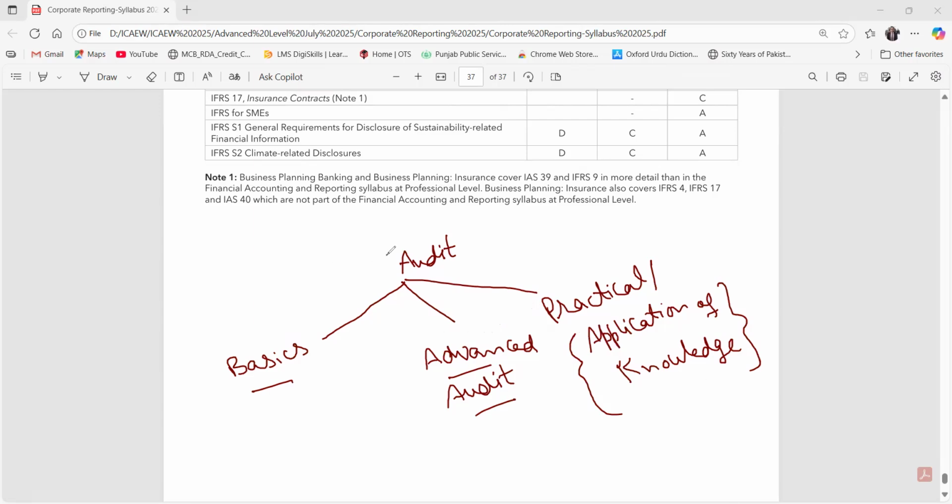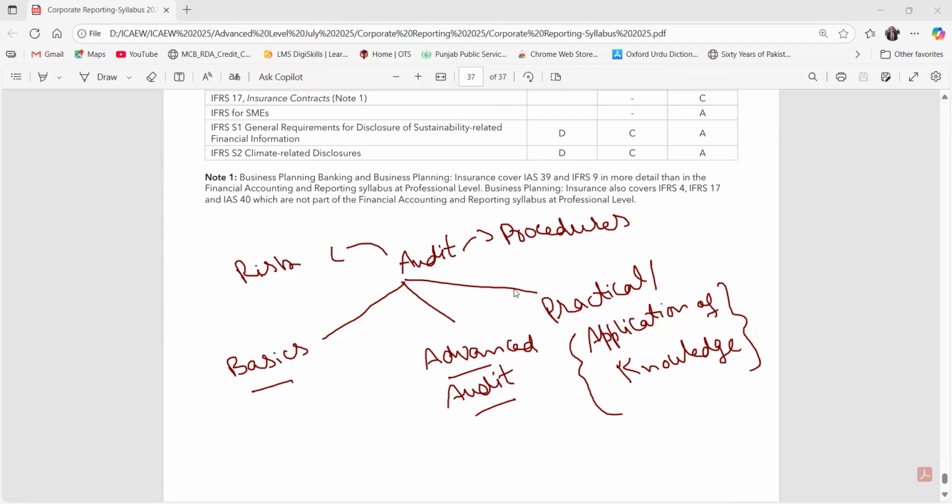Here in audit, we will be talking about the risks. It will involve audit risk and business risk as well. Further, we will be talking about procedures, audit procedures, substantive procedures, analytical procedures. What about the reporting side? What impact would it have? For example, if as an auditor, you propose some adjustments and the client does not account for those adjustments in the financial statements, what do you need to do?